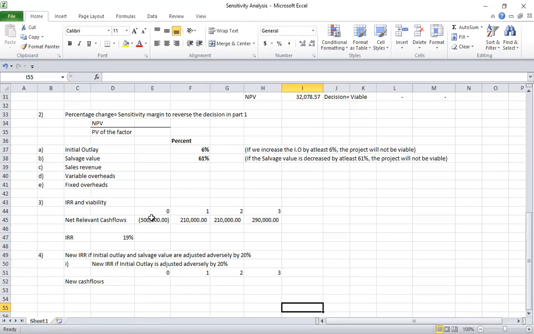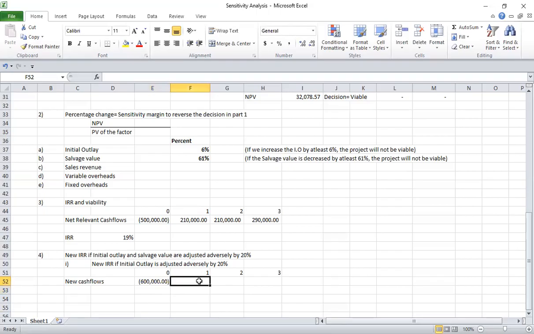The initial outlay was that 500,000. We are saying that we are adjusting it adversely. And I've said that being a negative cash flow, to adjust adversely means that we increase it. So I'll take the 500,000. To increase by 20% means that we multiply by 120%, so that the new one will be 600,000 shillings.